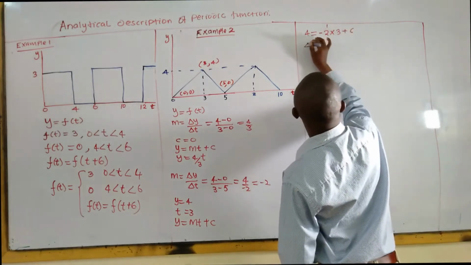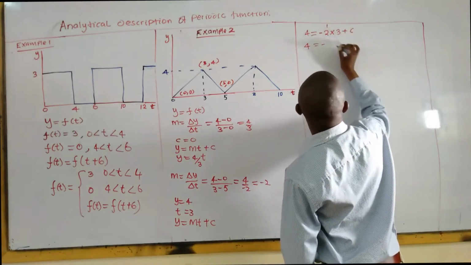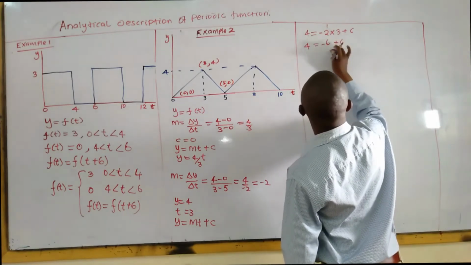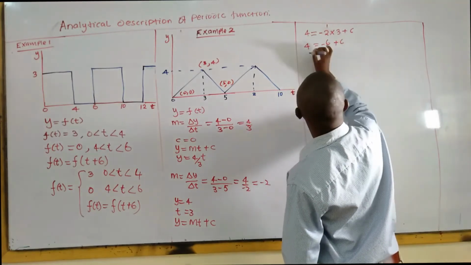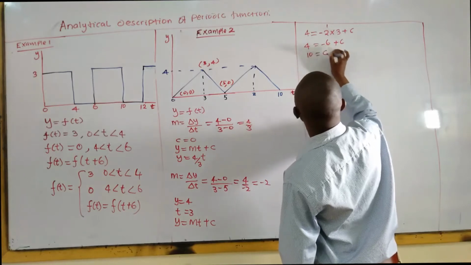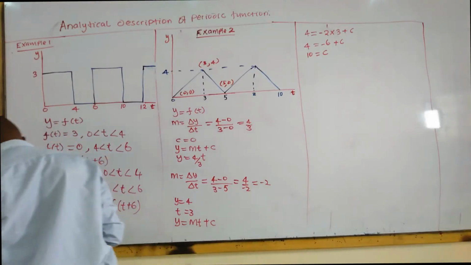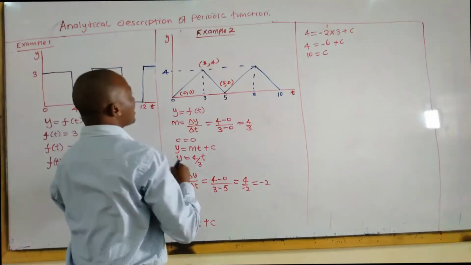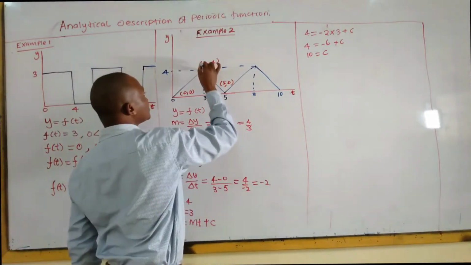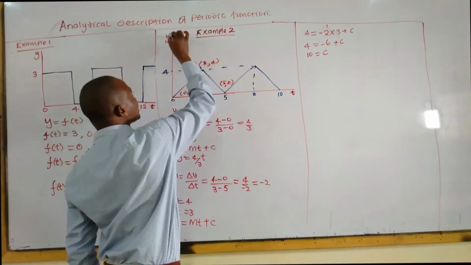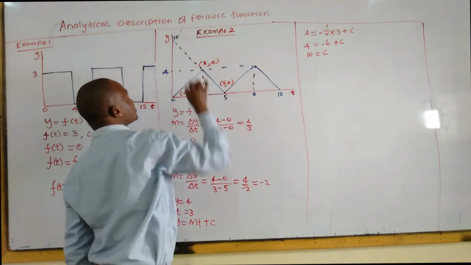This is 4 is equal to negative 6 plus c. Take this one to the other side. 10 is equal to c. Meaning, this curve will cut the y-axis at a point y is equal to 10.